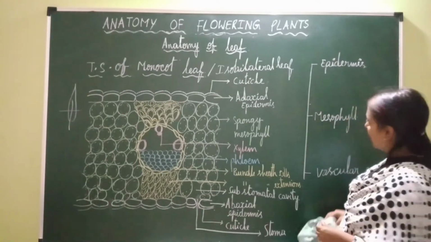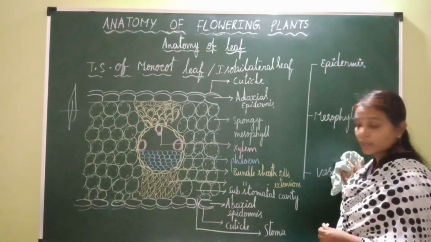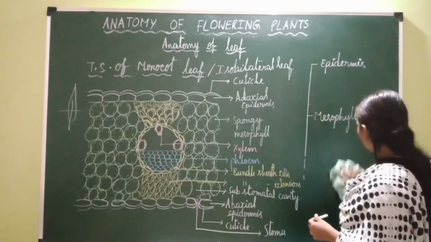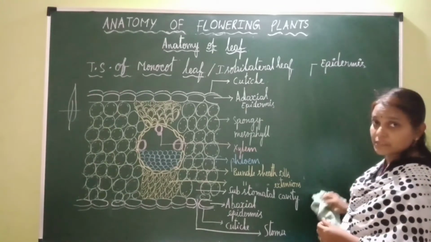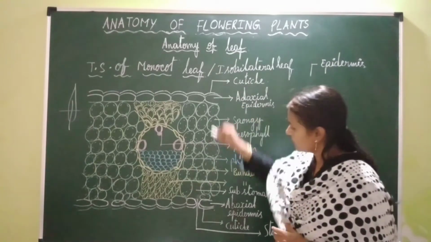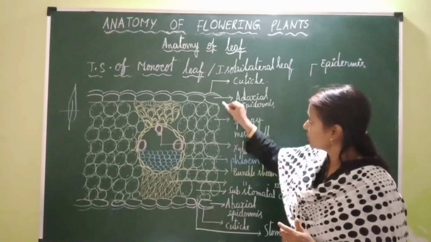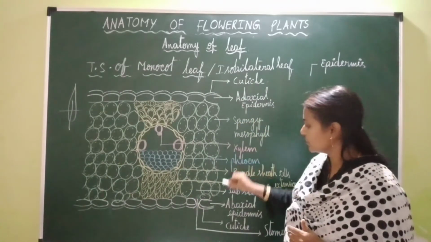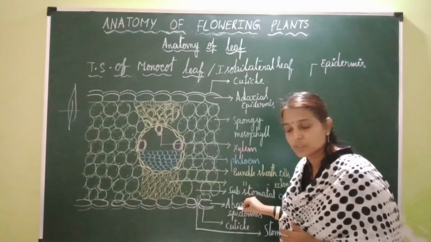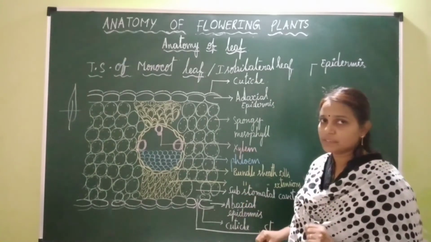So epidermis is the outermost covering of all plant organs that we already know, and in the case of leaves this epidermis is present on both surfaces, the upper surface and the lower surface. The epidermis on the upper surface is called adaxial epidermis. The epidermis on the lower surface is called abaxial epidermis, right?